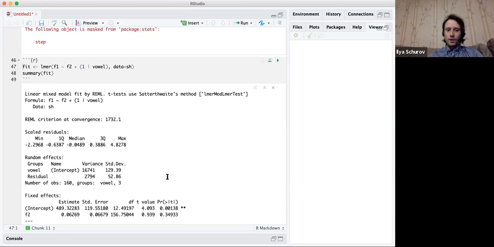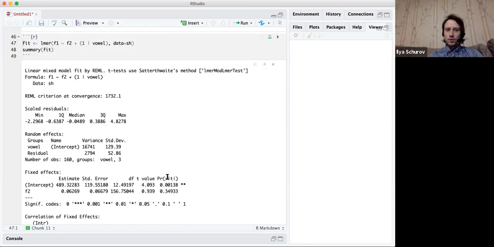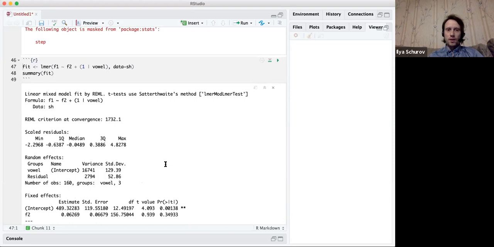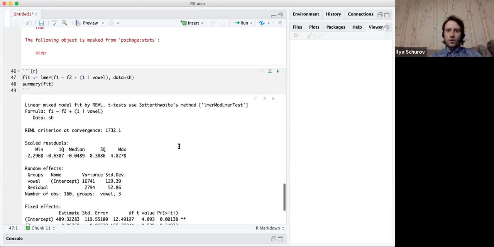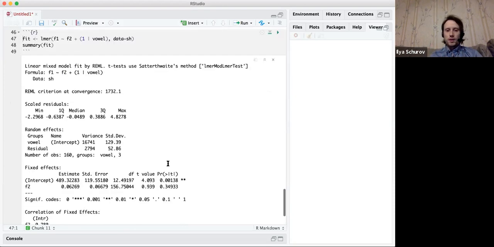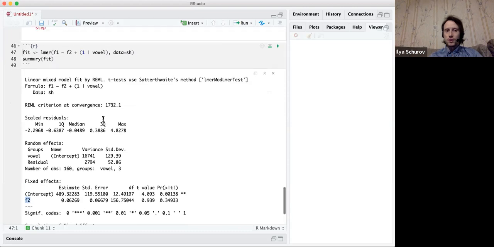So it means that after we included this random effect, we don't have any significant relation between F2 and F1. So if we consider these vowels by groups, then we see that there is no significant correlation between F2 and F1.